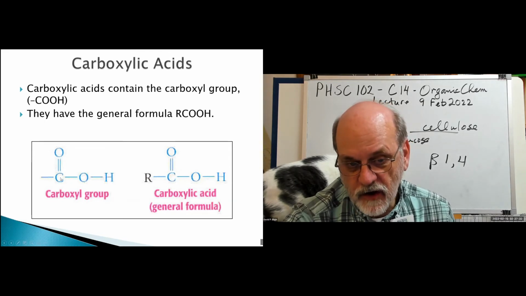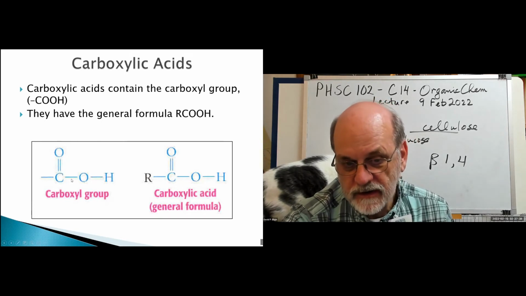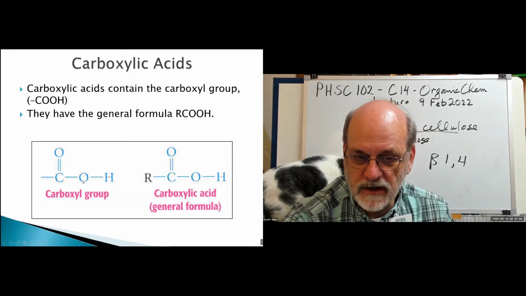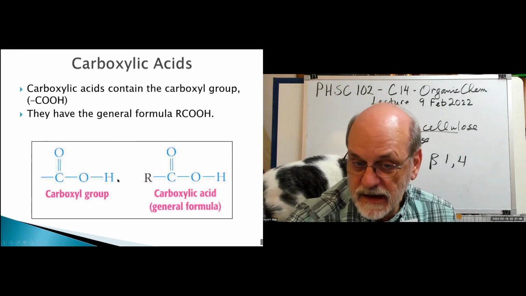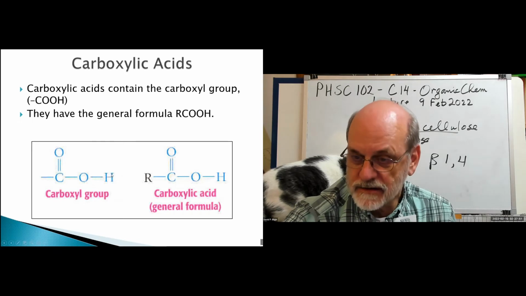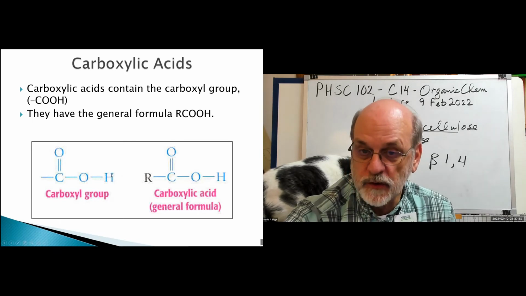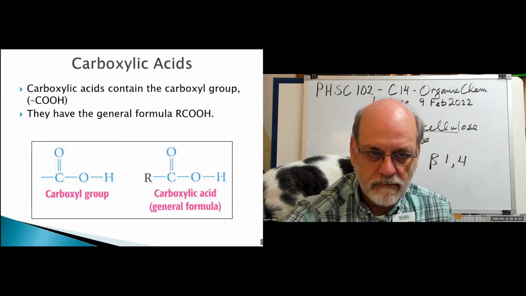And then the carboxyl group itself has a double bonded oxygen, right? 2 bonds to the oxygen, 4 bonds to the carbon, 2 to this oxygen, and a hydrogen. So we have an oxygen and a hydrogen. The reason it's acidic is this hydrogen is relatively easily removed in aqueous solution. So that makes it acidic.